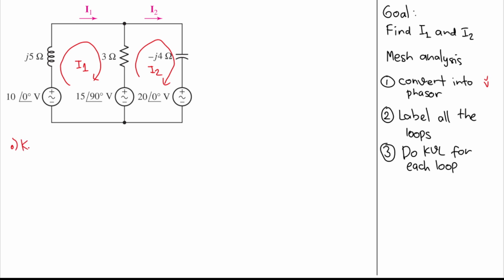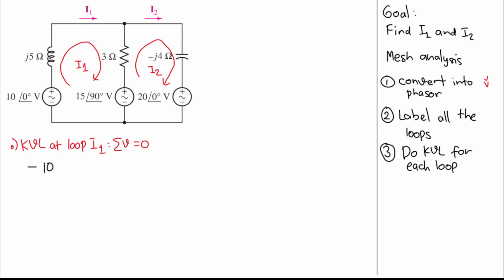KVL says that the sum of the voltages in a loop will equal 0. Here the current is looping clockwise, and it goes from the negative terminal, so we will have a negative sign, and then the value of this voltage source is 10 angle 0, or I can just write it as 10.